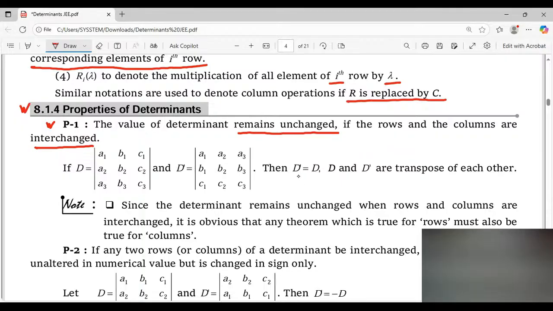Therefore, D equals D dash, where D and D dash are transposes of each other. Since the determinant remains unchanged when rows and columns are interchanged, it is obvious that any theorem which is true for rows must also be true for columns.